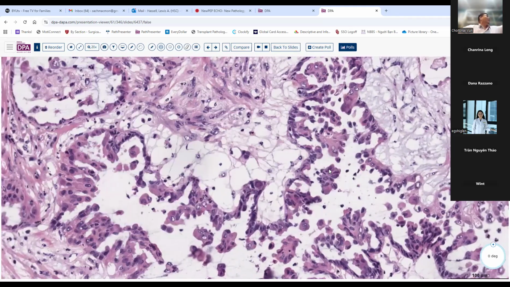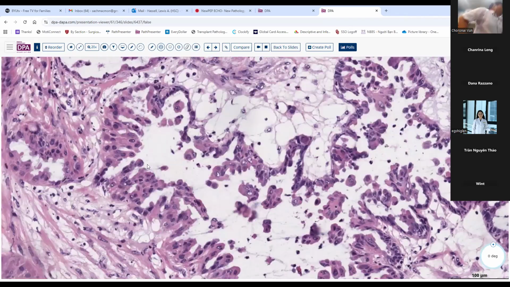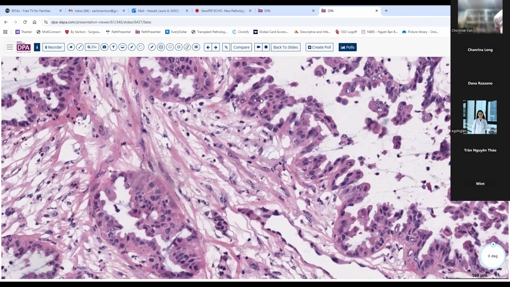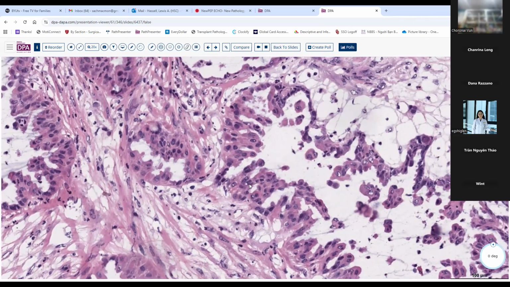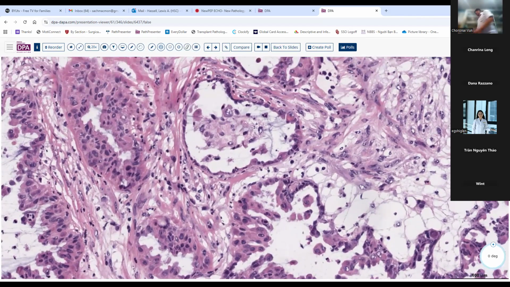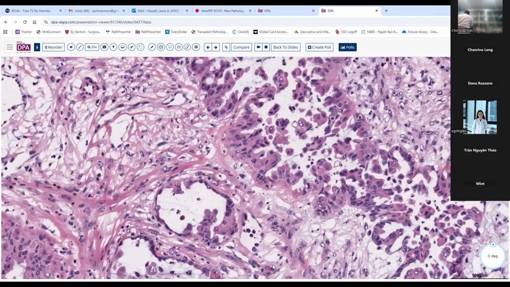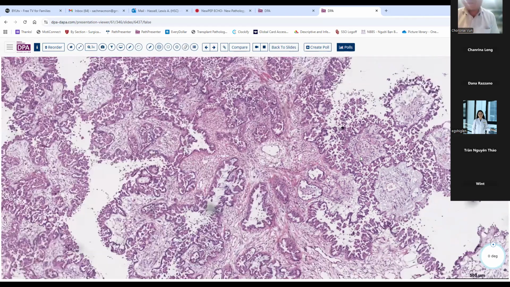Potentially, even because your nuclei here are fairly high grade, you'd have to be very concerned about carcinoma as well, either an endometrioid tumor with a seromucinous background or potentially even a high-grade serous carcinoma. Now, this would be one situation where the character of the fluid in the cystic spaces may be useful.